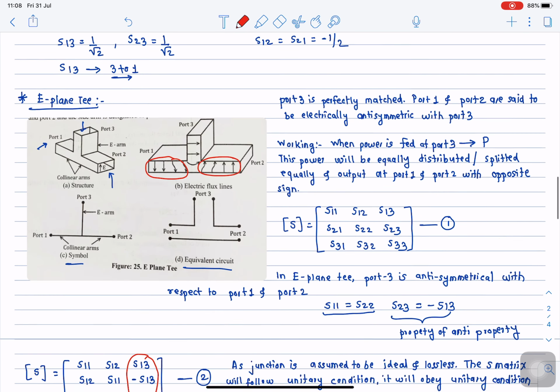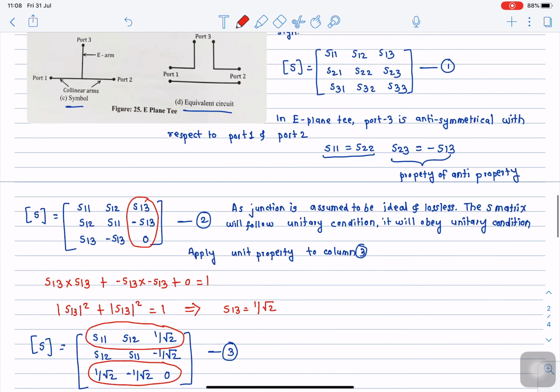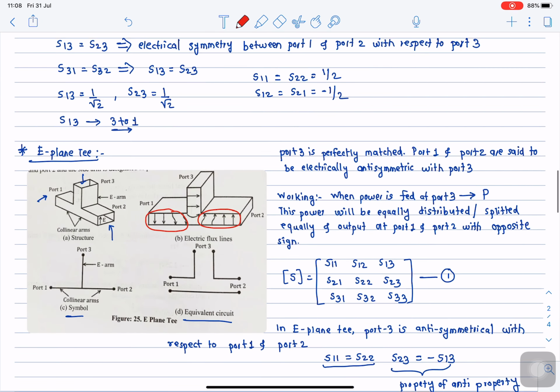A 4-port device can be constructed by combining two 3-port devices, and this 4-port device we normally call a magic T, or a combination T. When we combine this E plane T with the H plane T, we get a 4-port device, which we normally call a magic T or a hybrid T. So let us see how this 4-port device is constructed using the combination of two 3-port devices.